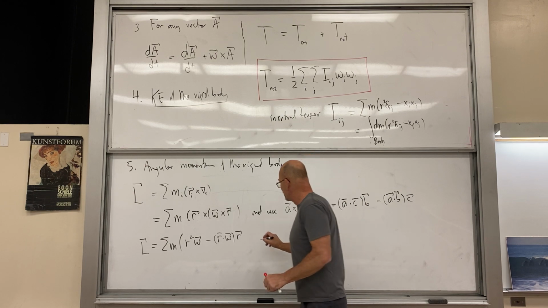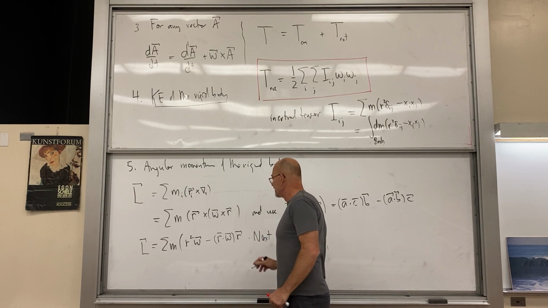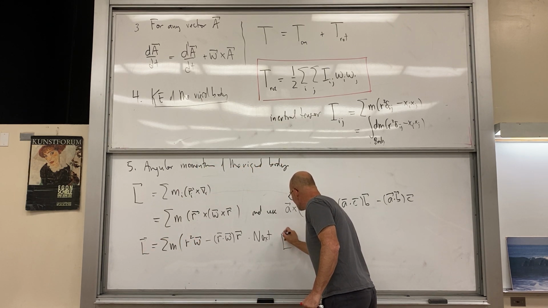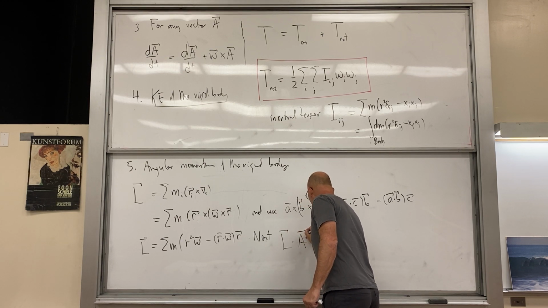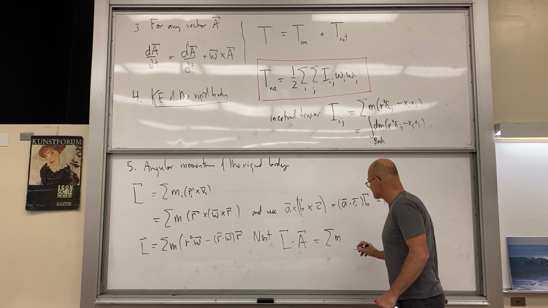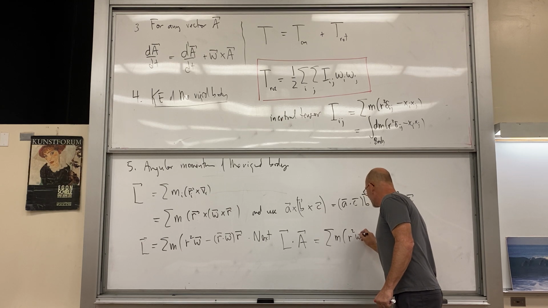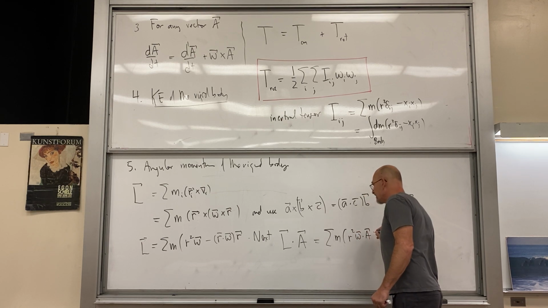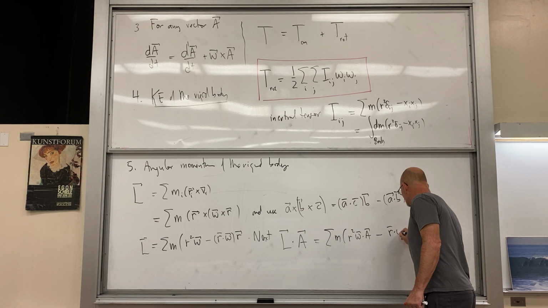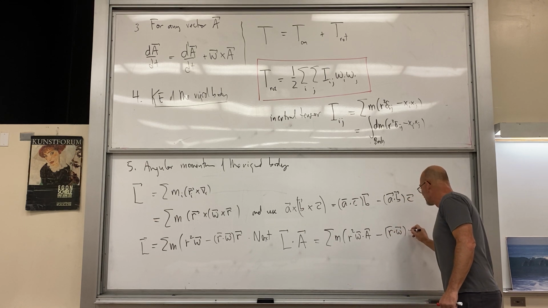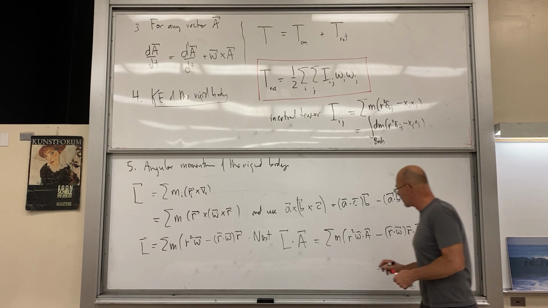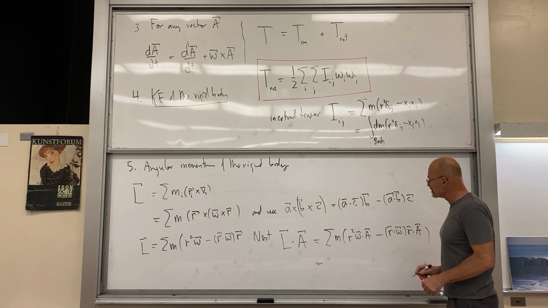What we're going to do is multiply this vector that we've defined by some arbitrary vector A. So now we're going to have L scalar multiplication with A, and then we have the sum over m of r squared omega dot A minus r dot omega times r dot A. And we're going to write this out in component form, in other words, as a summation.